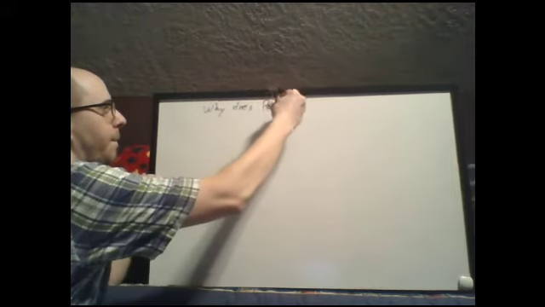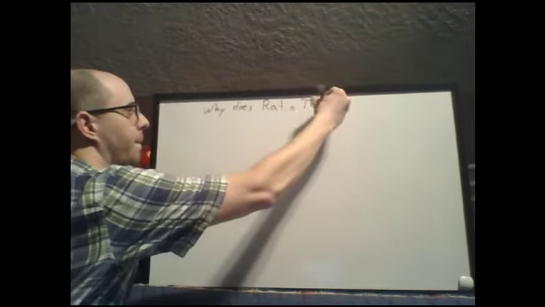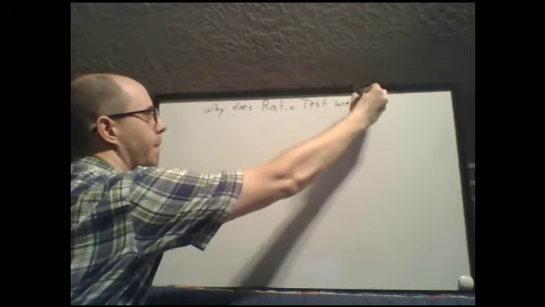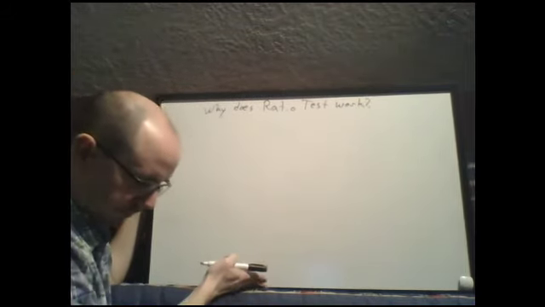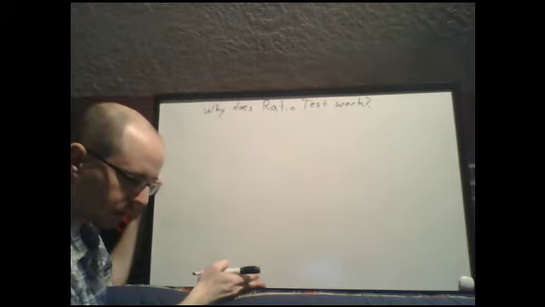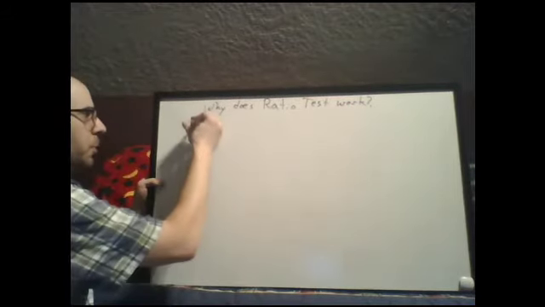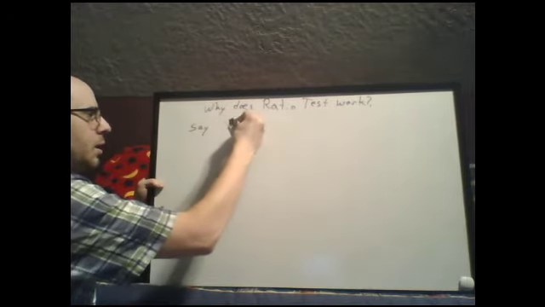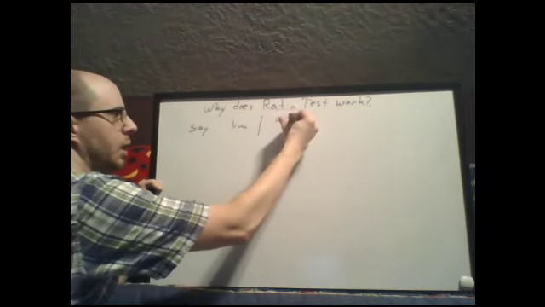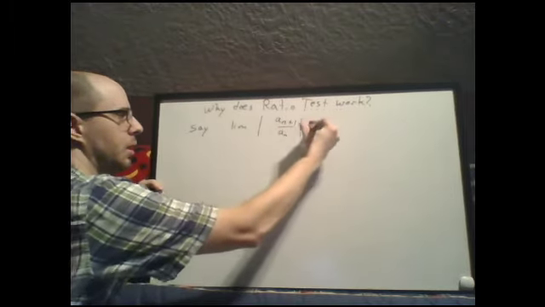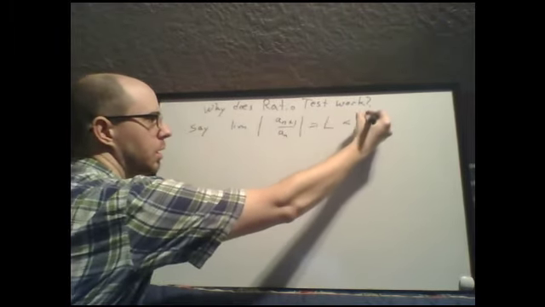All right, so let's briefly argue why does it work? Why does the ratio test work? Okay, so suppose, let me just do one of the cases. Say that the limit of |a_{n+1}/a_n| equals L, and L is less than 1.